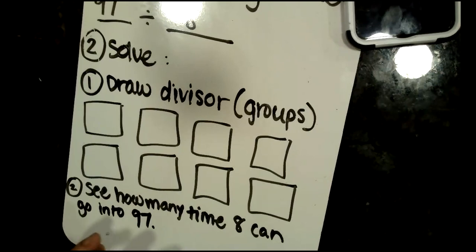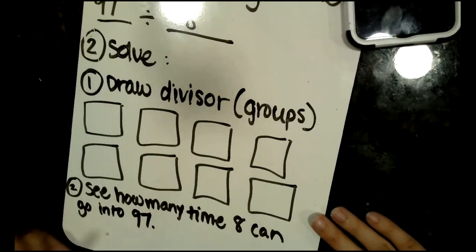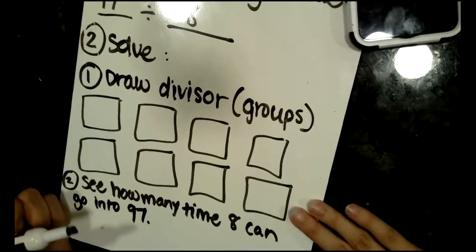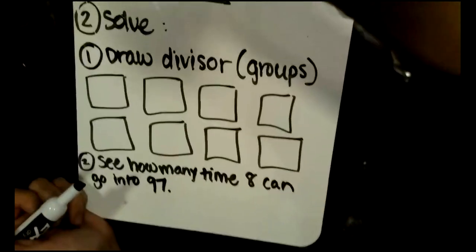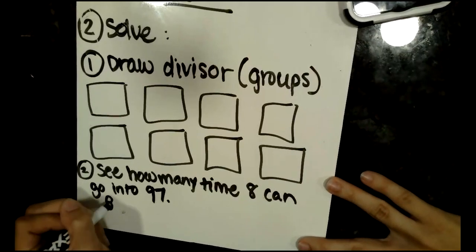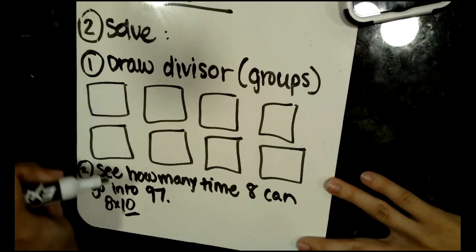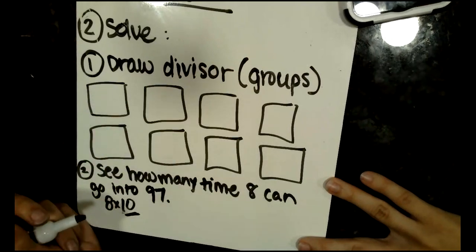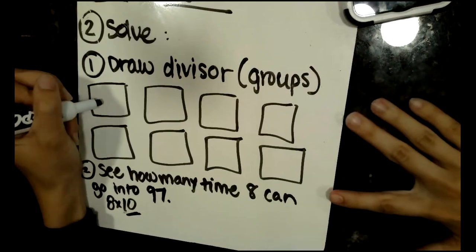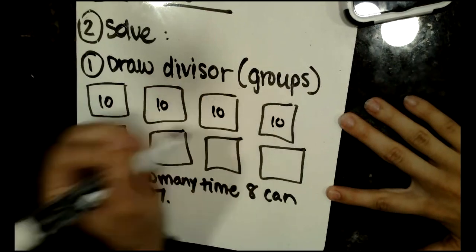A good place to always start is to multiply it by 10, which means I'm giving my 8 groups 10 cups of flour each. So go ahead and write 10 in each group, just like this.